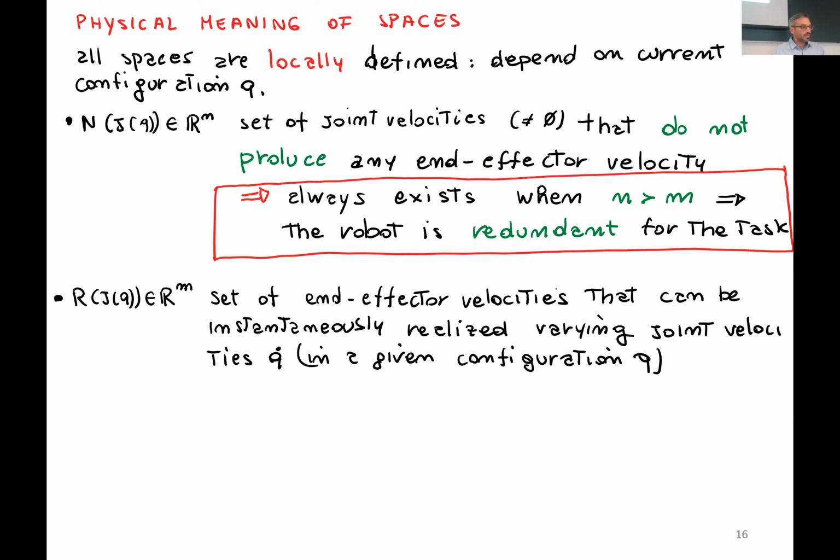It is the set of end effector velocities that can be realized by varying the joint velocities. So in a certain configuration, we have a set of joint velocities, we produce an end effector velocity, and the whole set of possible end effector velocities realizable with any combination of joint velocities is the range space.